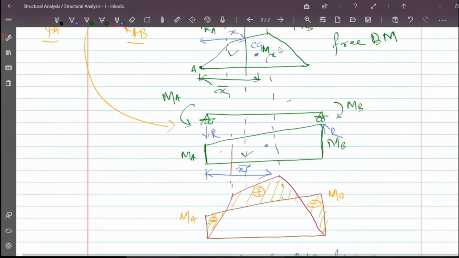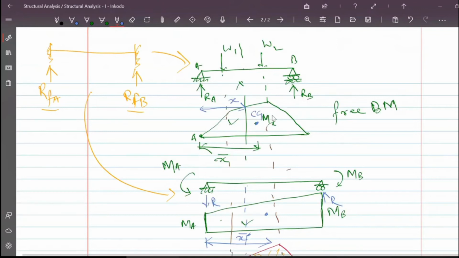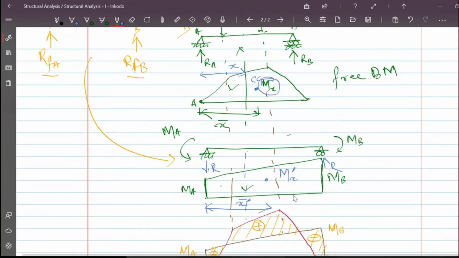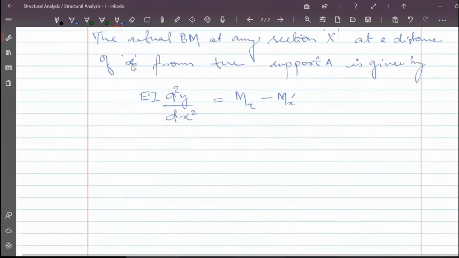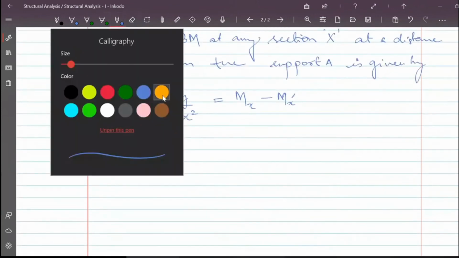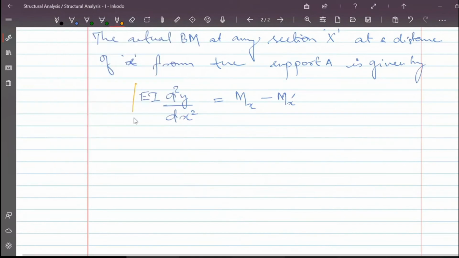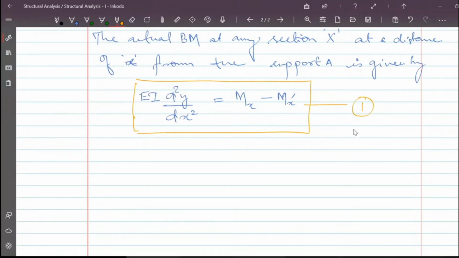So Mx is this one, that is the free bending moment diagram, and Mx dash is the fixed bending moment diagram. Okay, so this becomes equation 1.